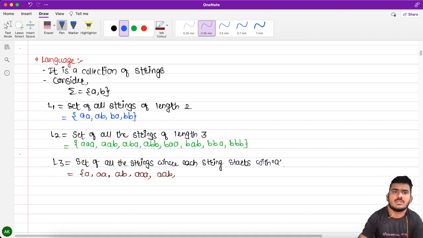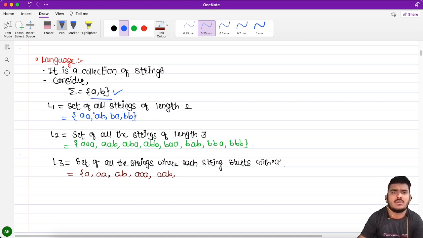Okay, so consider that we are given the alphabet a comma b, and language L1 is there which says the set of all the strings of length 2. We have to calculate all the strings of length 2 over this alphabet. Alphabet is given.